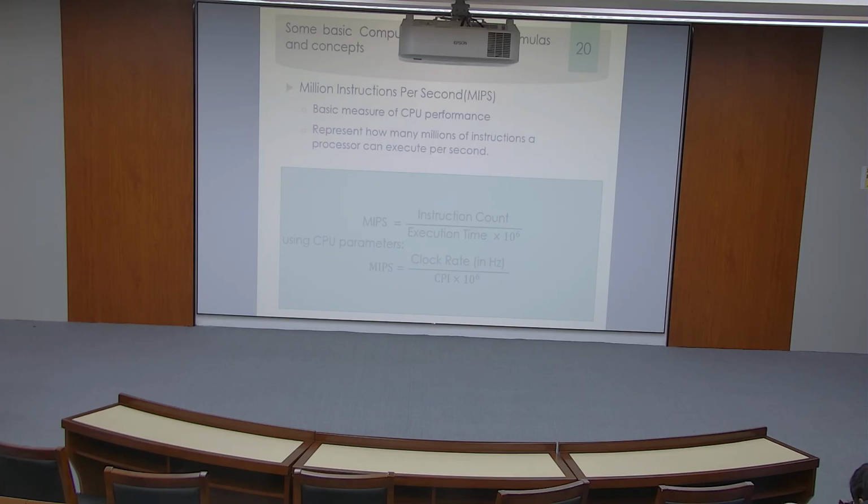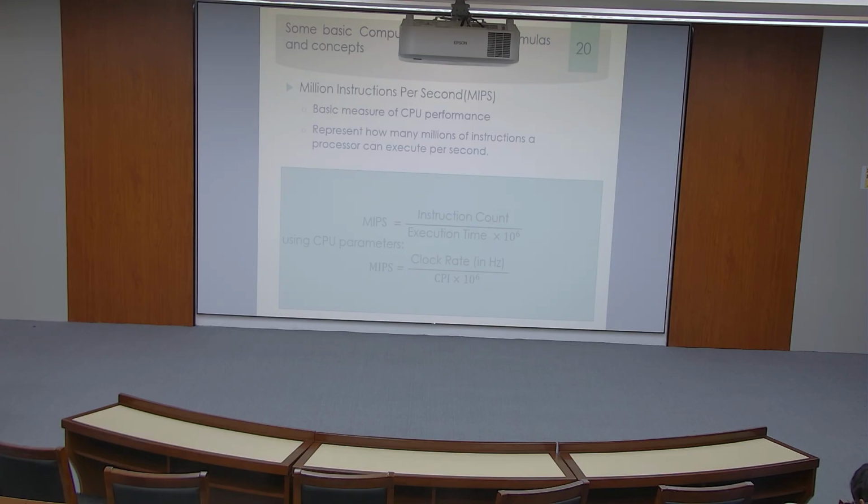Or if you are using the CPU parameters, MIPS equals clock rate divided by CPI, cycles per instruction, times 10 to the power of 6. The clock rate needs to be in hertz.